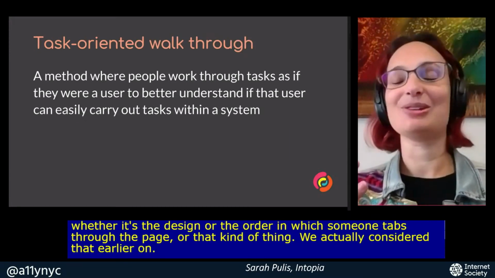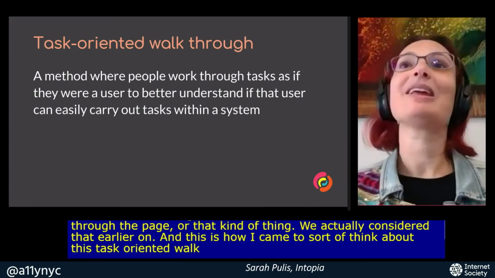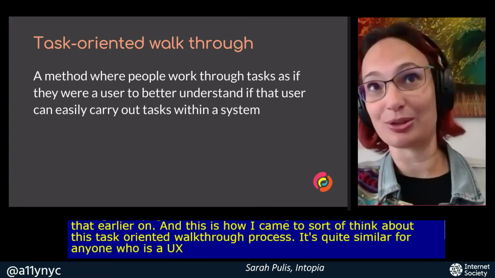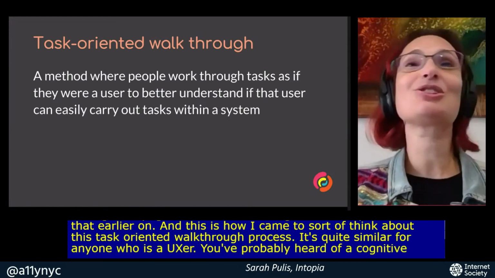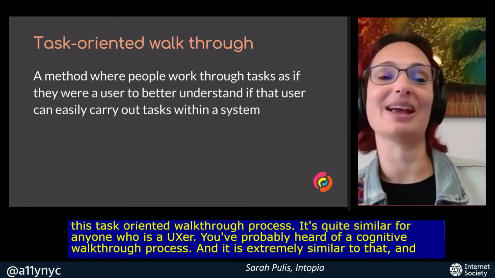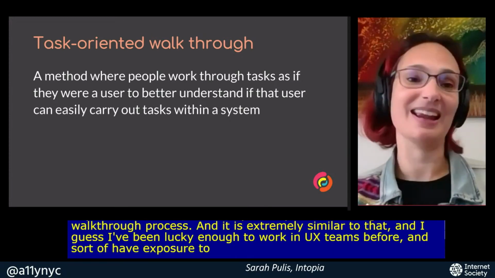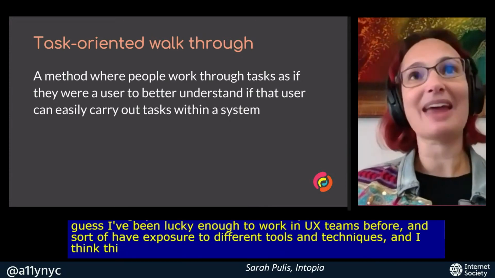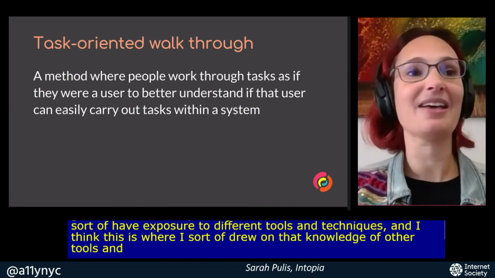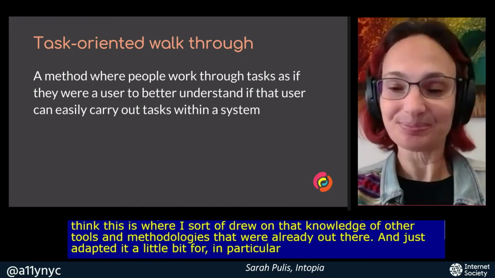And this is how I came to think about this task-oriented walkthrough process. It's quite similar for anyone who is a UXer. You've probably heard of a cognitive walkthrough process, and it is extremely similar to that. I've been lucky enough to work in UX teams before and have exposure to different tools and techniques. And I think this is where I drew on that knowledge of other tools and methodologies that were already out there and just adapted it a little bit, in particular, for accessibility.